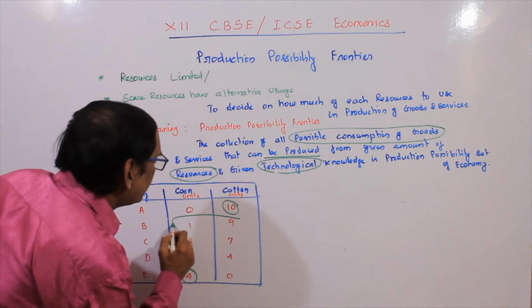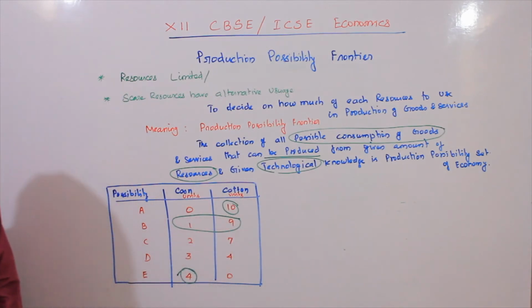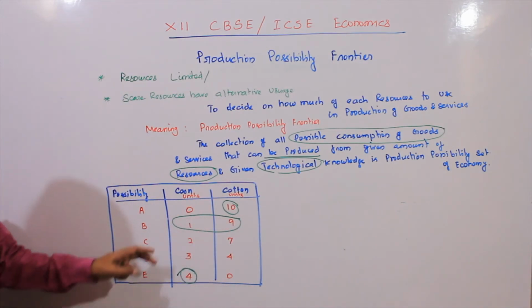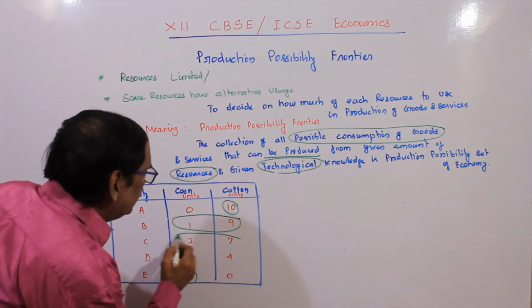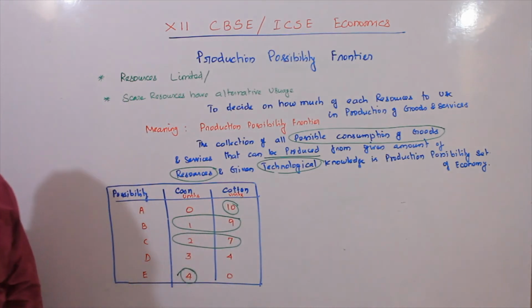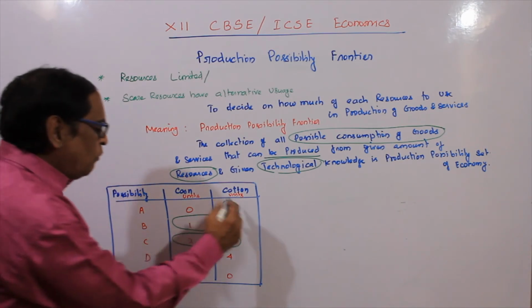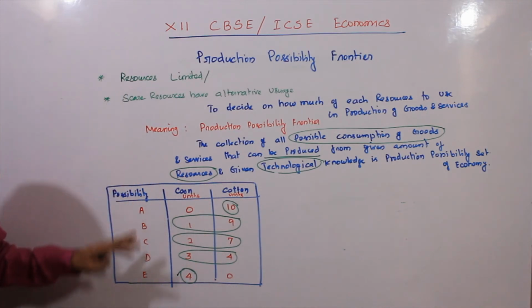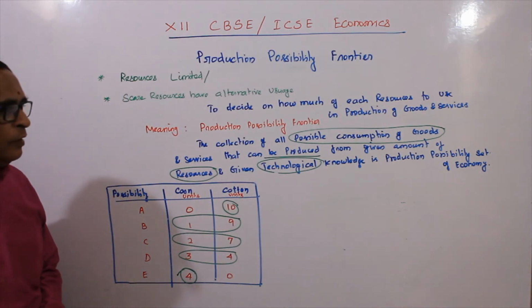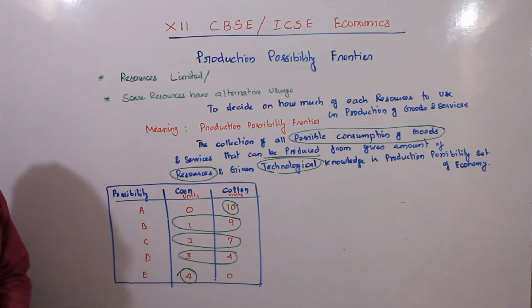This is another possible combination. And then 2 units of corn, 7 units of cotton is also possible. And then 3 units of corn, 4 units of cotton is also possible. So this is called the production possibility frontier. We can draw it like that.